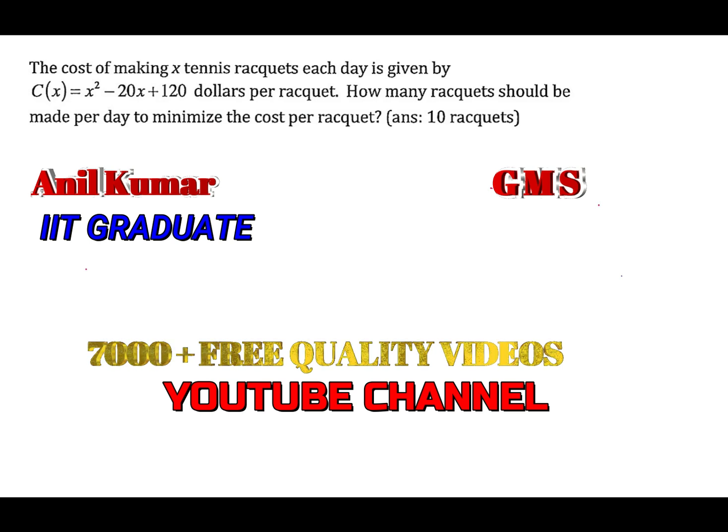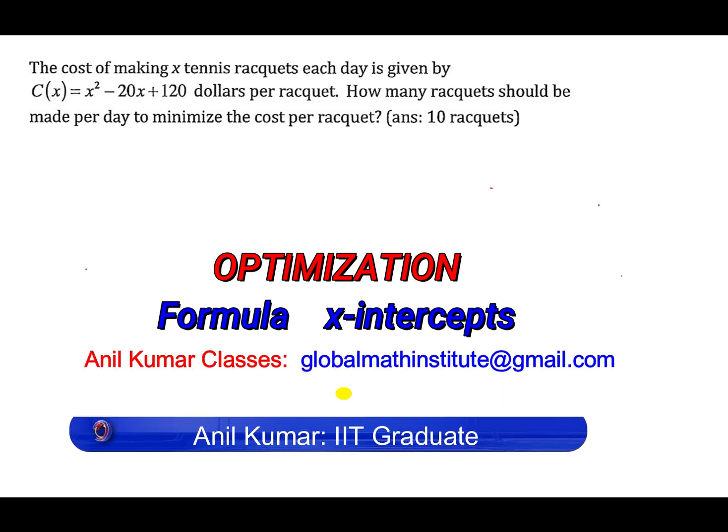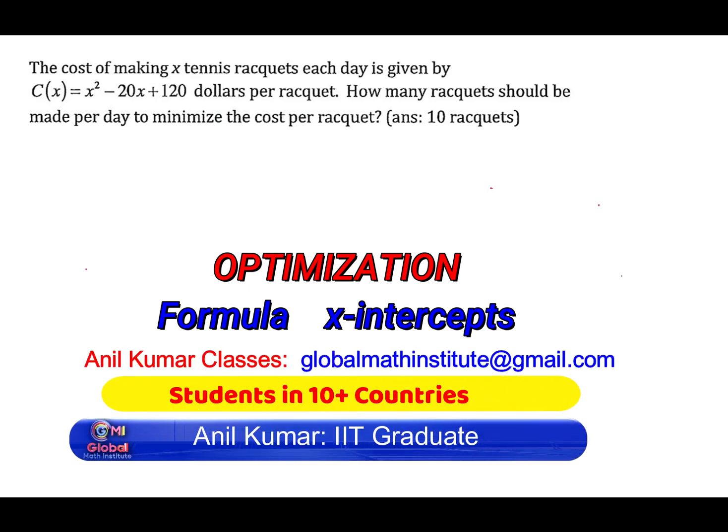In this video, we are going to consider two questions where we need to find maximum and minimum values. These are related to optimization, and we are going to use the strategies learned in quadratic functions.